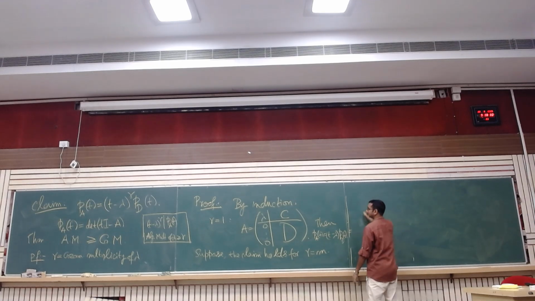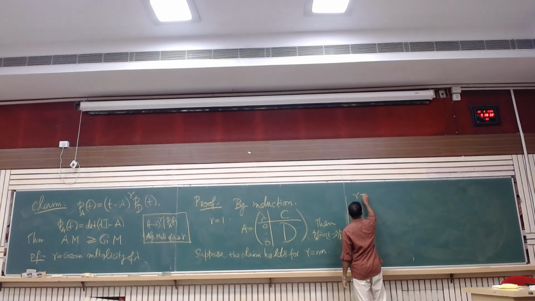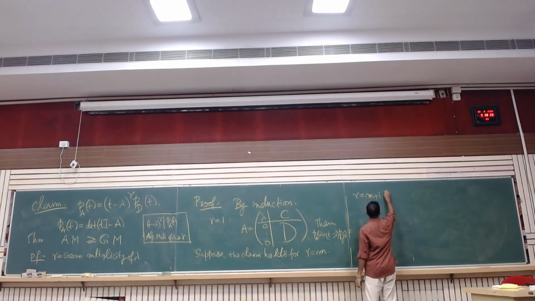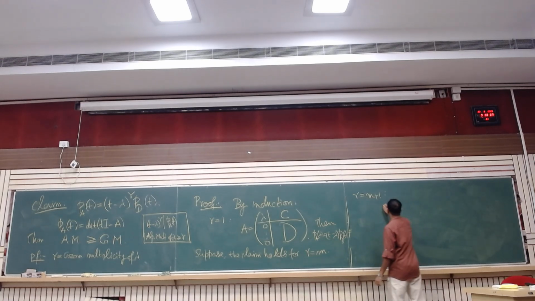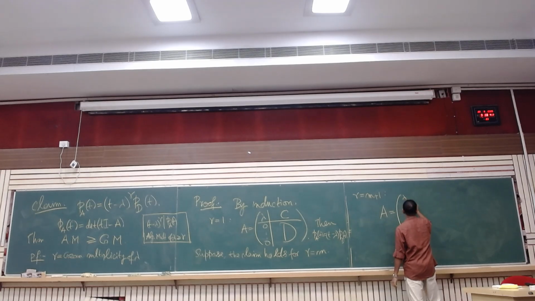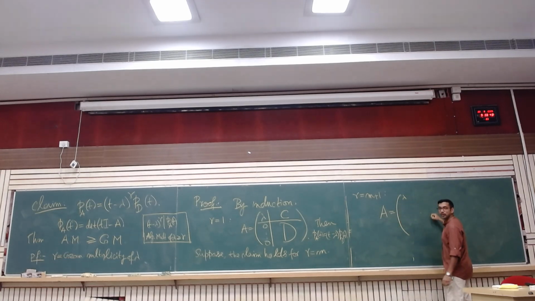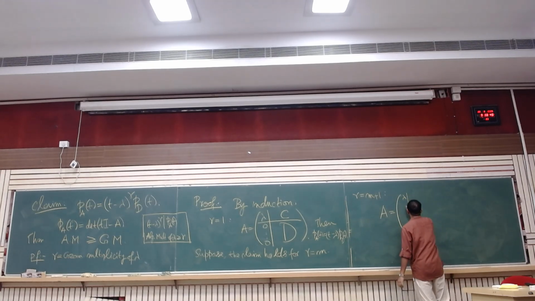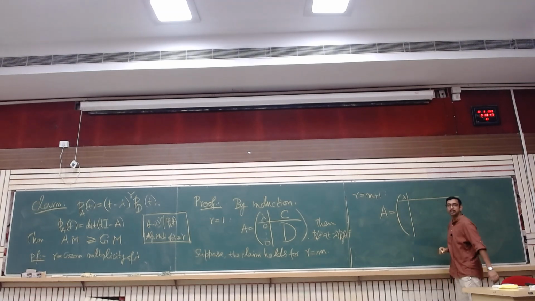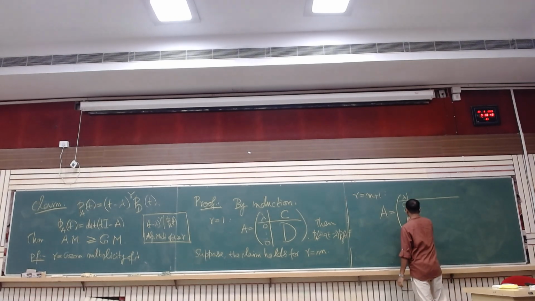That is the case r equal to m plus 1. Then what form does A have? It now has m plus 1 things. So take the first one out. Here are zeros.